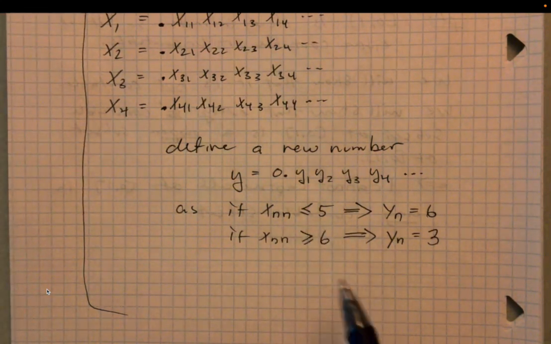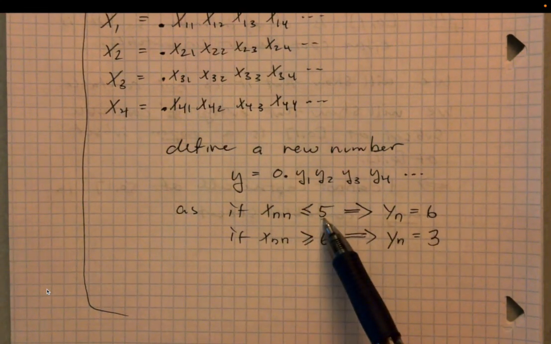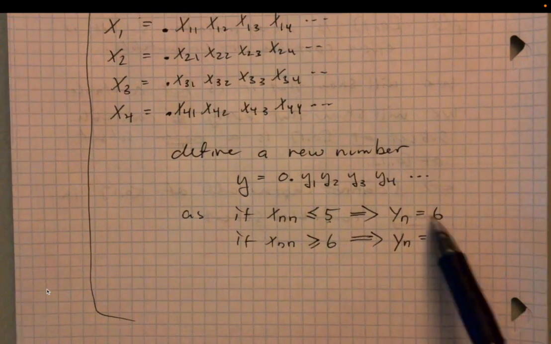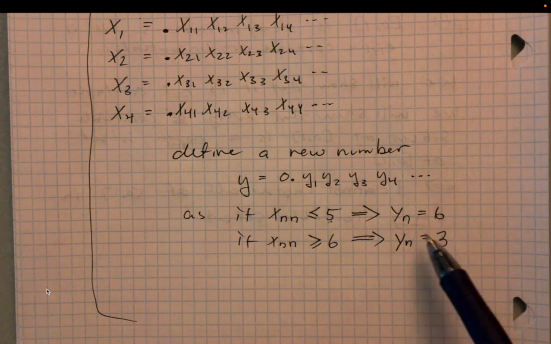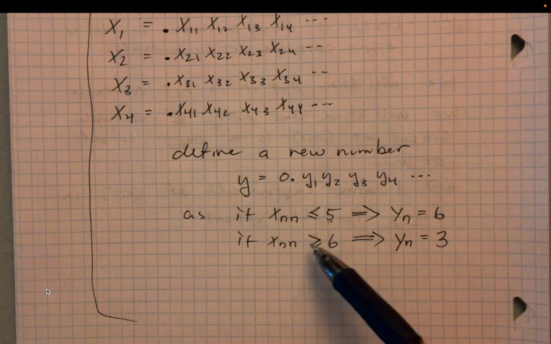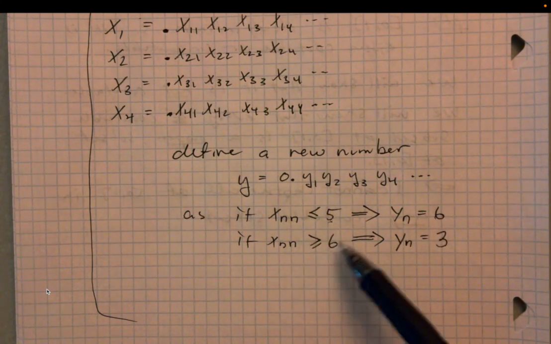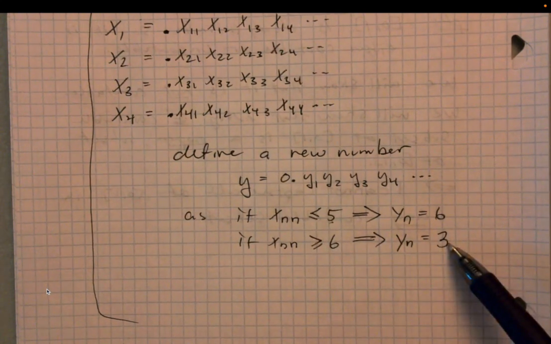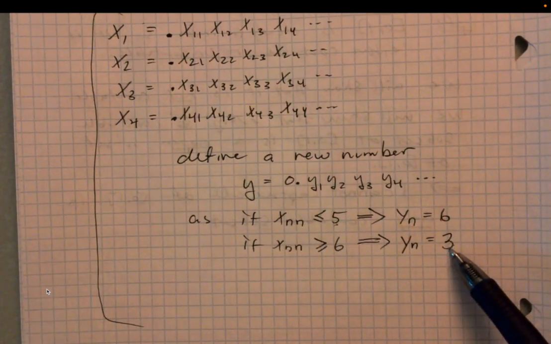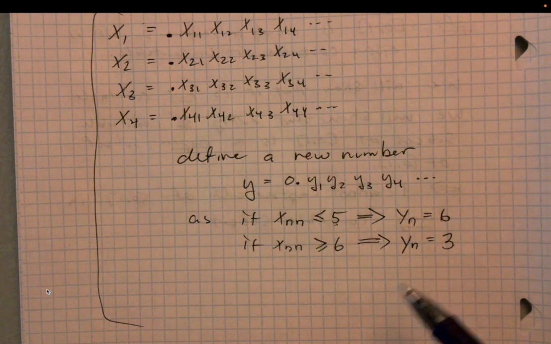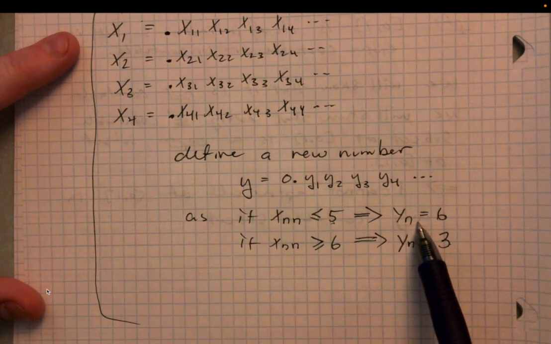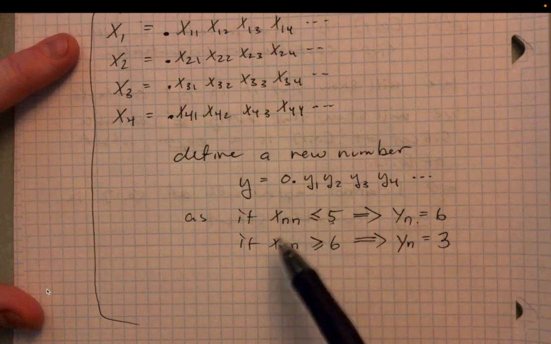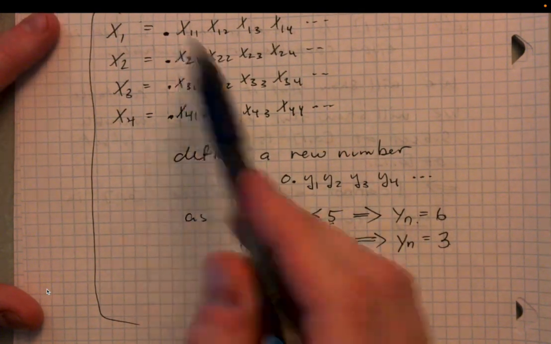Specifically, if that digit is less than or equal to 5, we change our y value to be something bigger, 6 in this example. But if the nth digit of the nth number is greater than or equal to 6, we change the nth digit of y to be 3, something less than 6. Thereby guaranteeing that the nth digit of y is not equal to the nnth digit in our list.